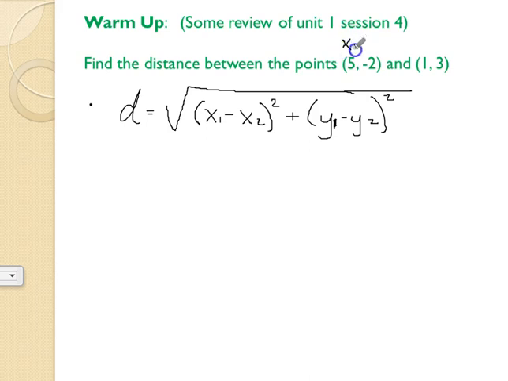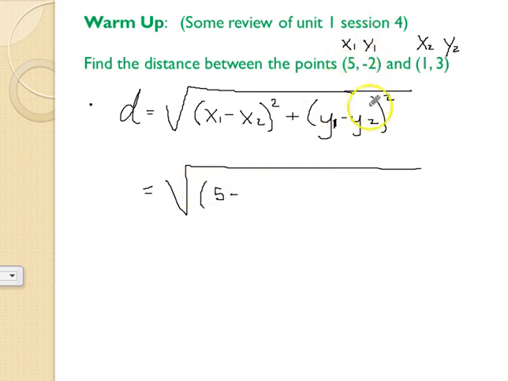Let's label this as our first x-coordinate and our first y-coordinate because it's our first coordinate. Our second coordinate will make this our second x-coordinate and our second y-coordinate. And we're going to plug these into the formula. So my first x-coordinate is 5 minus my second x-coordinate, which is 1, and I'll square that.